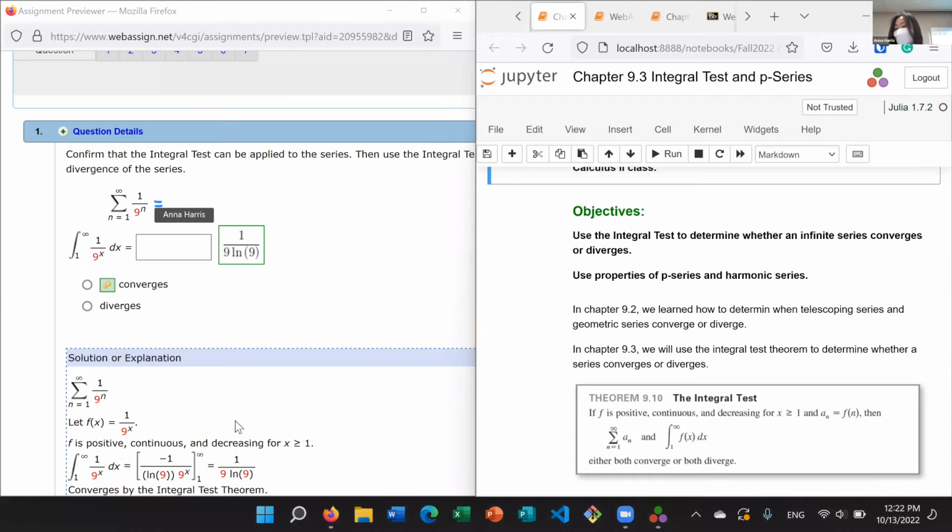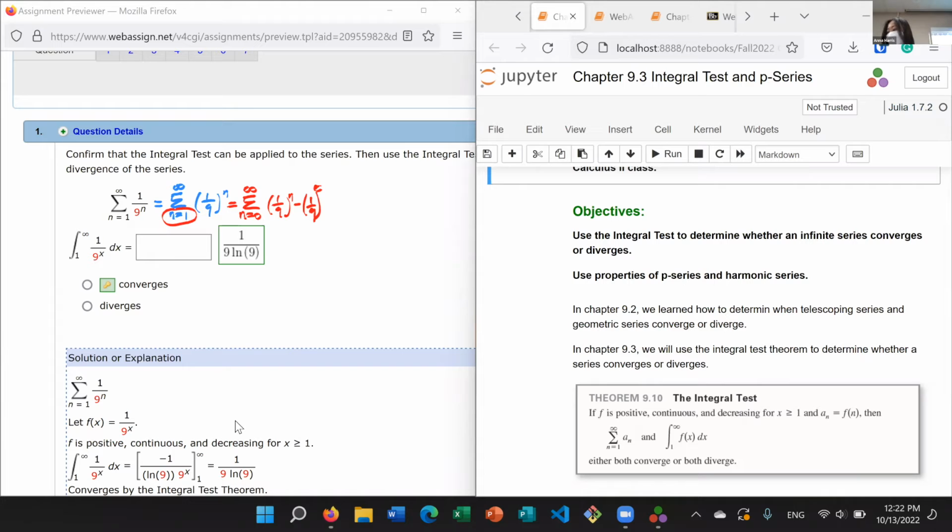What is it? I can rewrite this as the sum from n equal to 1 to infinity of 1/9 to the n. And then you say, oh, this is wrong because you need to start with 0. So I can make it the same by doing n equal to 0 to infinity of 1/9 to the n, minus 1/9 to the 0. Then you can figure out what that is.